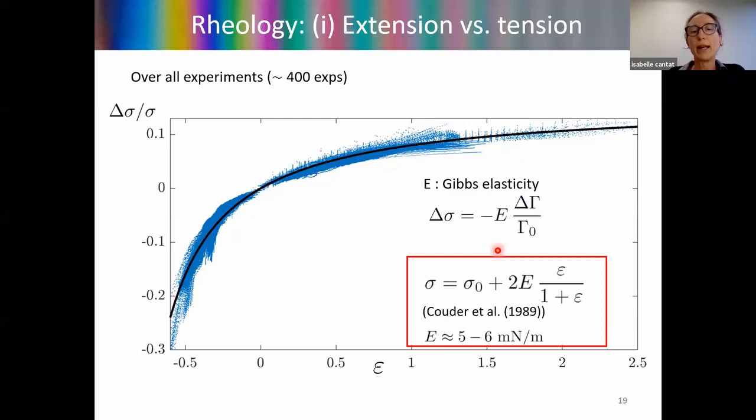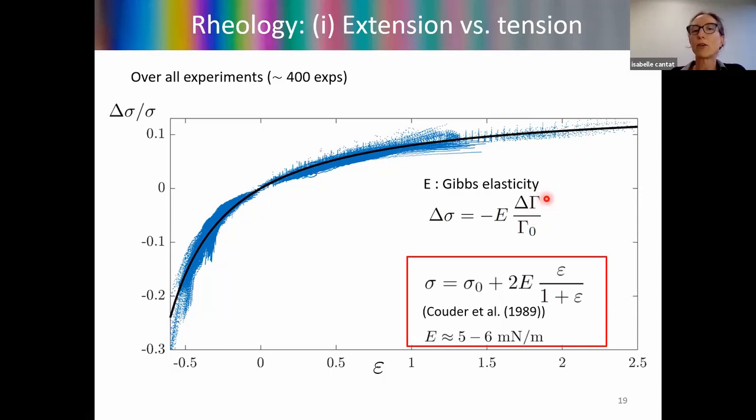This is this line that relates the tension of a film to the deformations, to the extension of the film, multiplied by the Gibbs elasticity, big E, which is defined as a coefficient relating the tension of an interface to the concentration of surfactant at this interface.